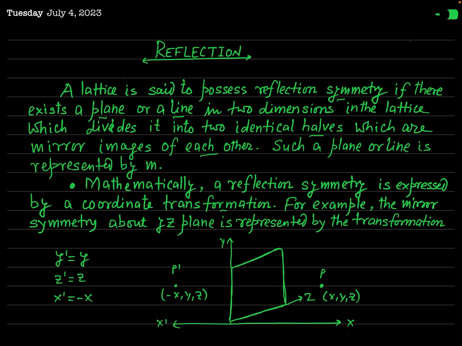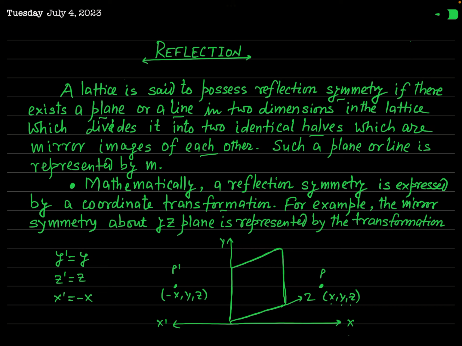We consider a point P, as you can see in the figure, whose coordinates are x, y, and z. Then the image of P in this plane mirror will be formed at P dashed. How will the location of this image be specified?